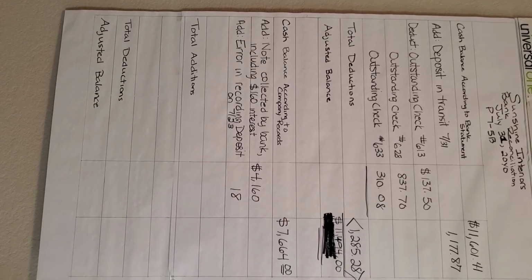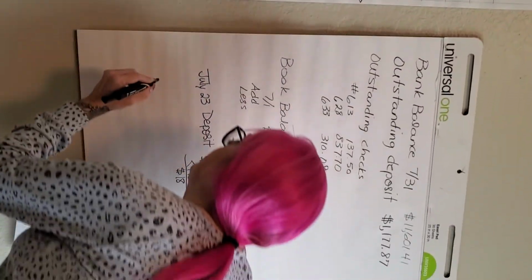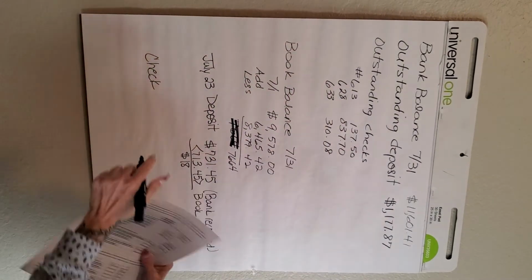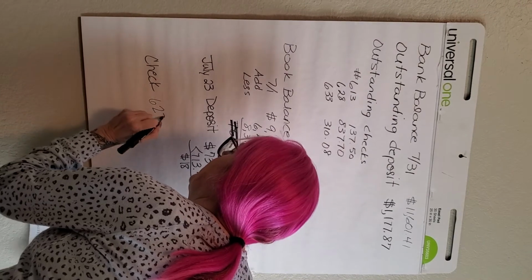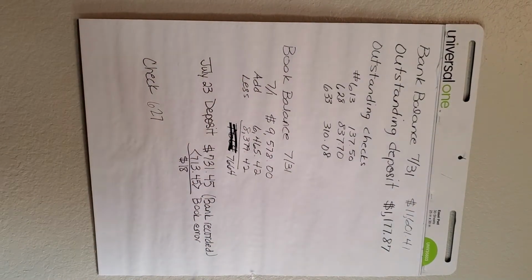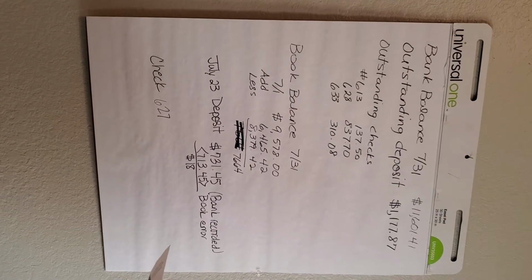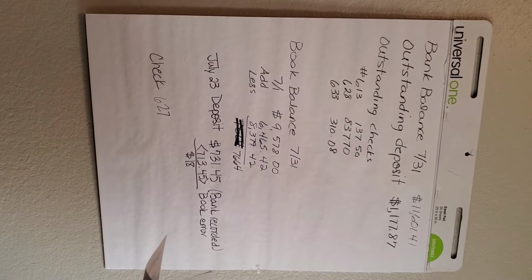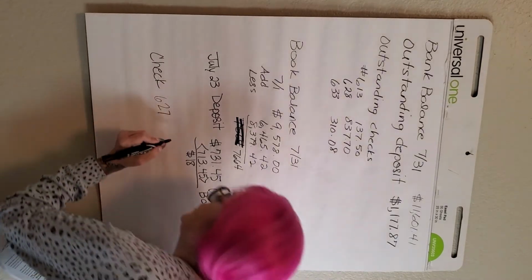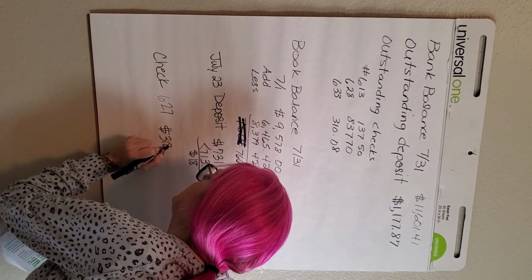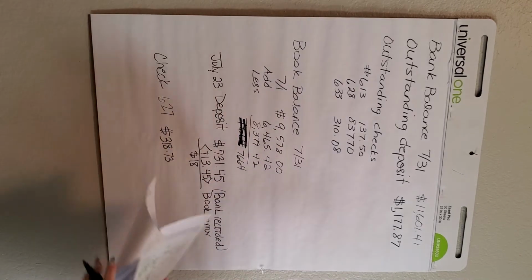And then I also have an error on check number 67. That's for check 627. And that should have been written for $318, and instead we recorded it as $318.73. So we had recorded it as $318.73.